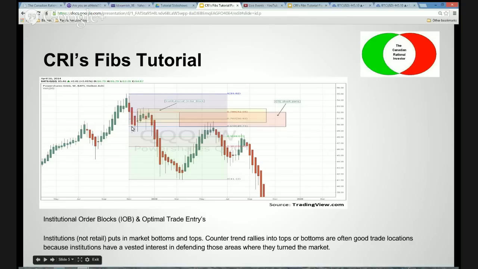Something happened here through this September, October, November period where price stopped making new highs, and you can see over this 3 or 4 week period, and I think this is a weekly chart, yeah, it's a weekly chart, somebody stepped in and said, "Thou shalt not make a new high. Thou shalt make new lows."